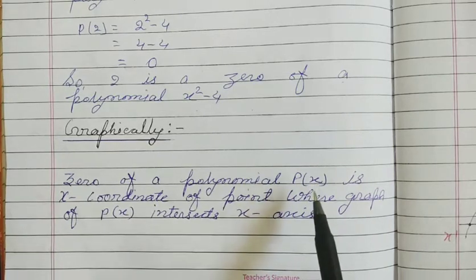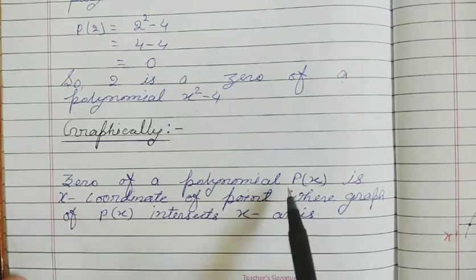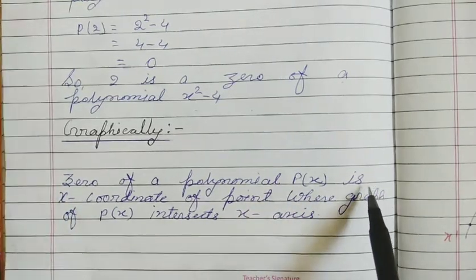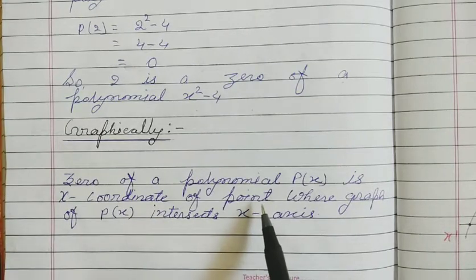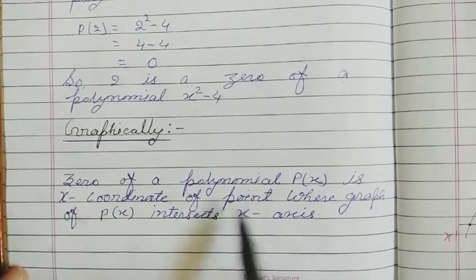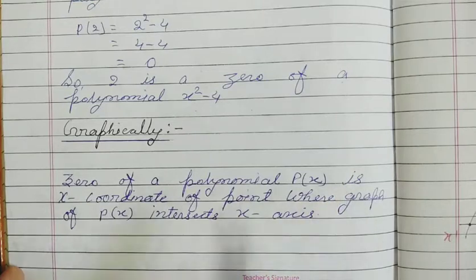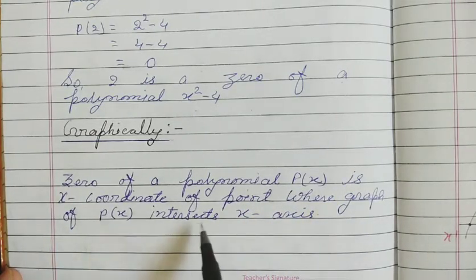If we write p(z), it means a polynomial in the variable z. So the zero of a polynomial p(x) is the x coordinate of the point where the graph of p(x) intersects the x-axis.